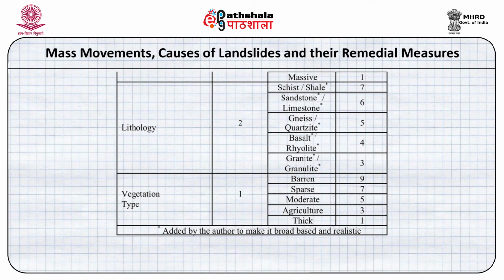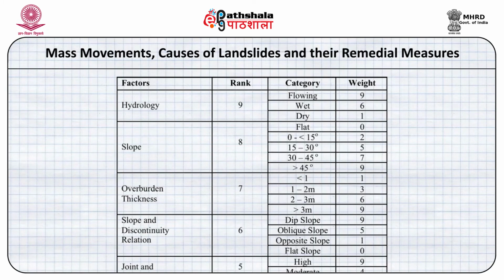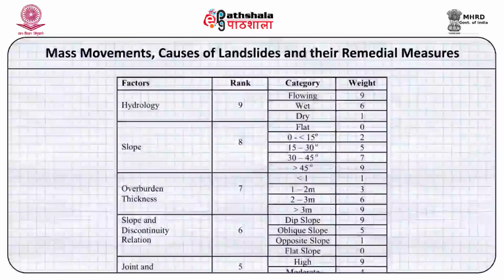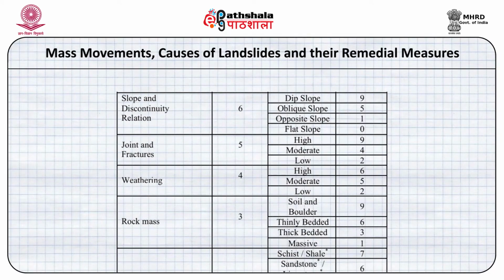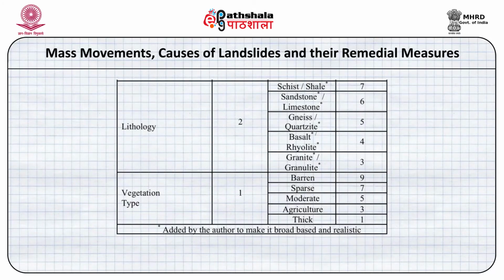For example, the 9 factors are hydrology with rank 9, slope with rank 8, overburden thickness with rank 7, slope and discontinuity relation with rank 6, joint and fractures with rank 5, weathering rank 4, rock mass rank 3, lithology rank 2, and vegetation type rank 1.